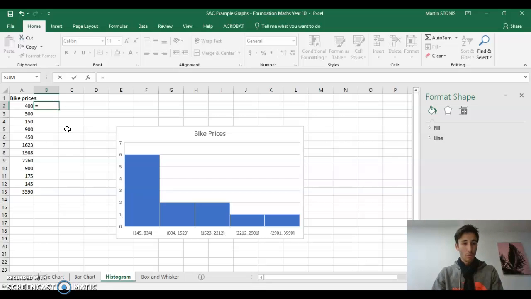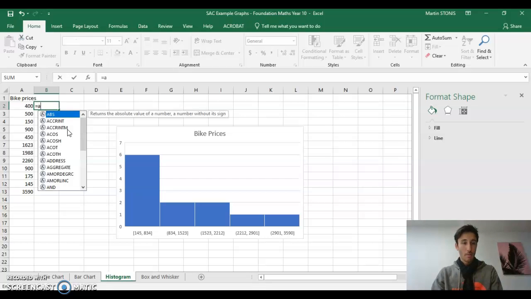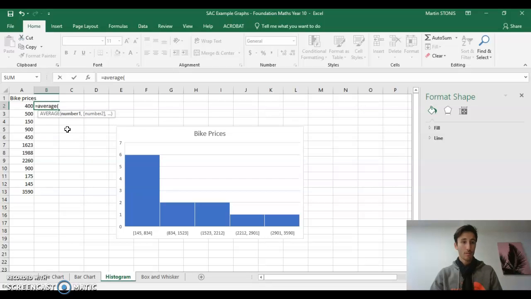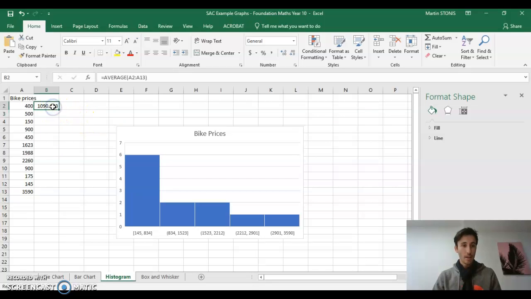And here you want to put average and then open a bracket. Notice I typed out average and then I opened a bracket. Once you've opened the bracket, then select all the numbers that you've got. Then you want to close the bracket, so just type this and you press enter. That is the mean.